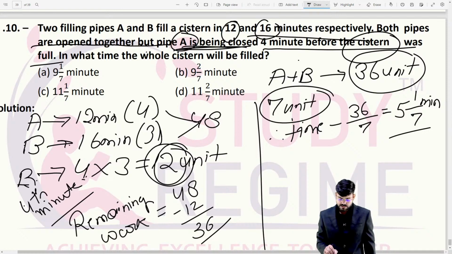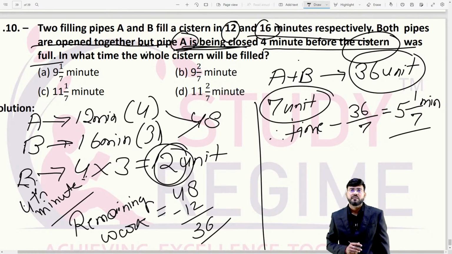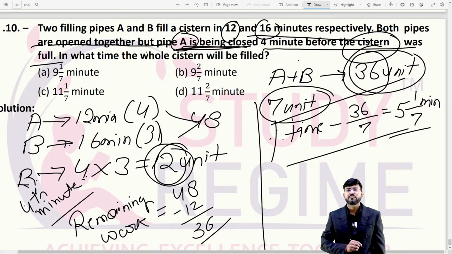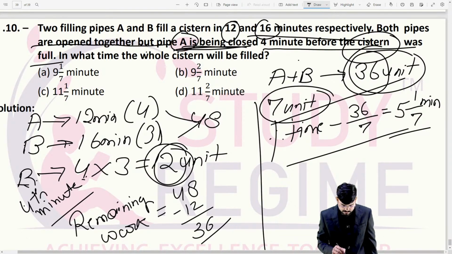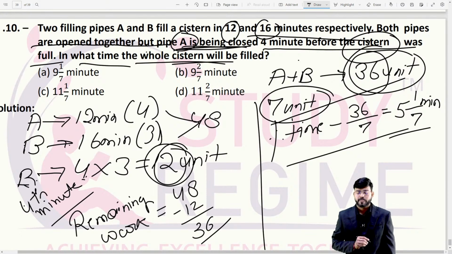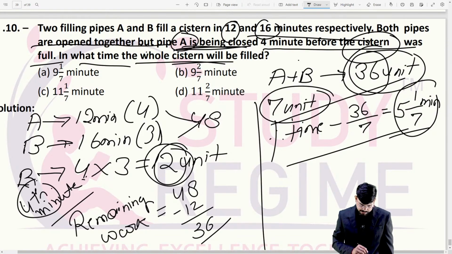In fraction form it is written like this: 5 and 1 by 7 minutes. So this is the time in which A and B were opened together, and they will complete 36 units of work. But the question is asking in what time the whole system will be filled. This is the time for which A and B both were opened, and 4 minutes was the time when only B was working.